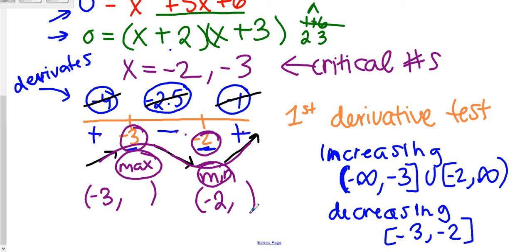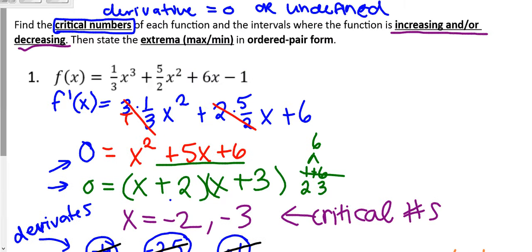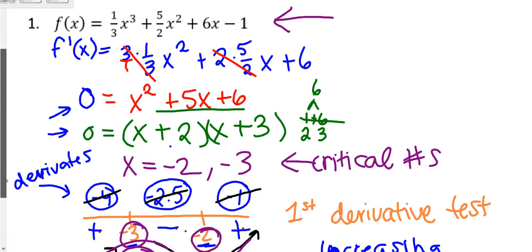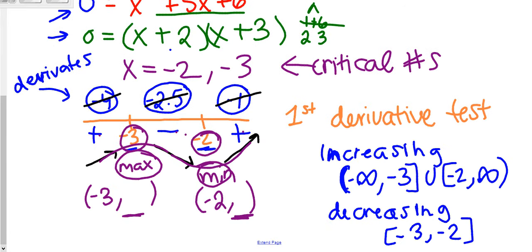To find my y values, I go to my original equation. So to find this y value, I need to plug it back in to the original equation. When I plug in negative 3 to the original equation, that's that thing with all the fractions up here. You take your calculator and pause the video for a second. If you need calculator practice, if you are not getting the right answers with the calculator, you need to take a minute and do that, okay?